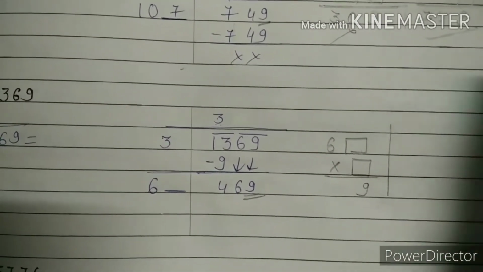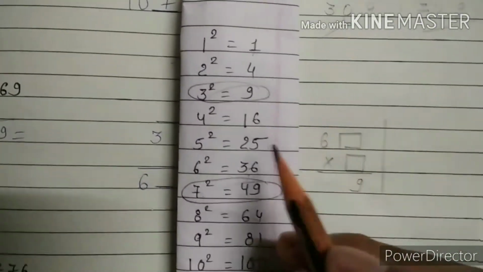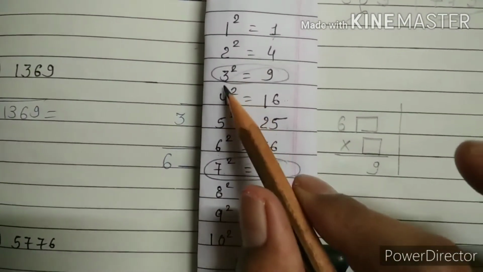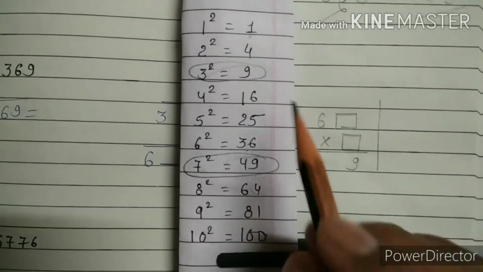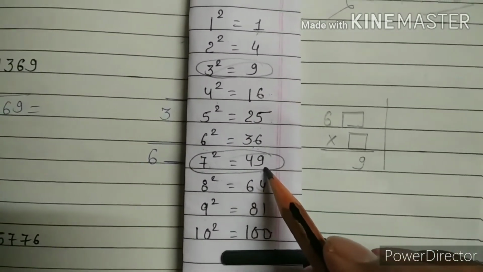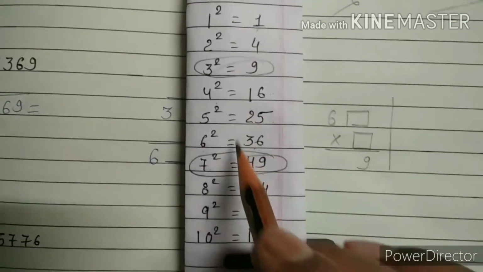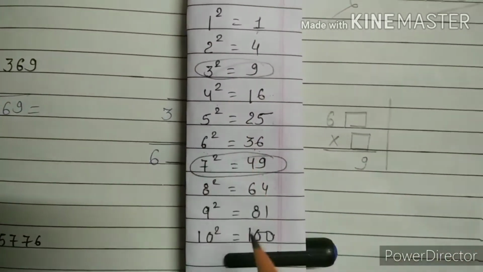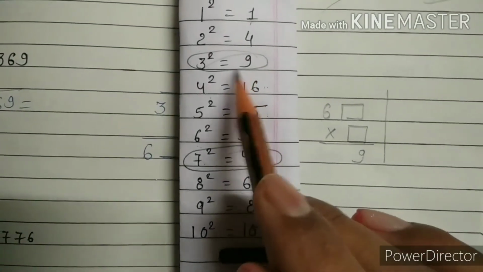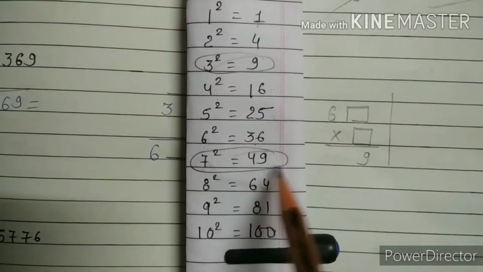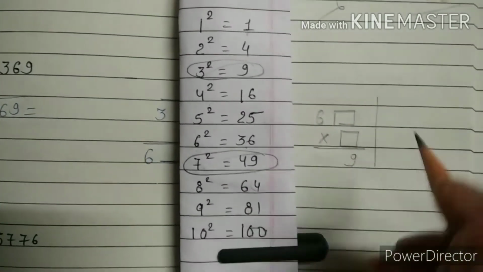In whose square is the ones place 9? In only two cases: 3 squared is 9 and 7 squared is 49. We are looking only at the ones place digit of the square. So we will try both.